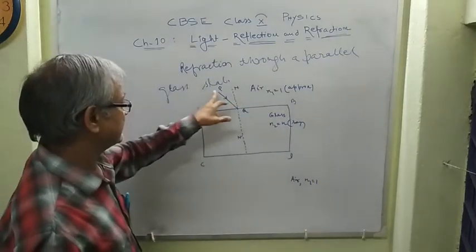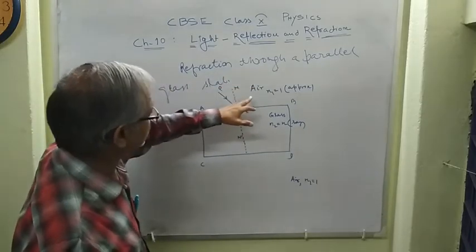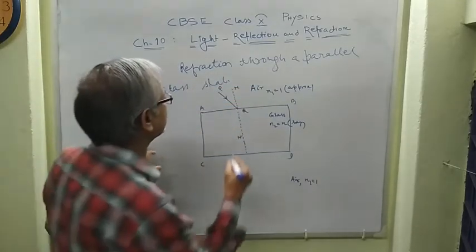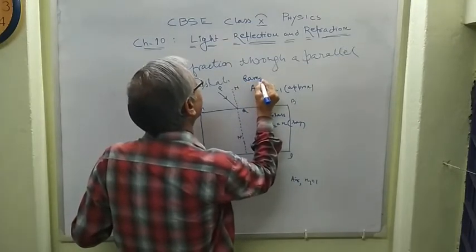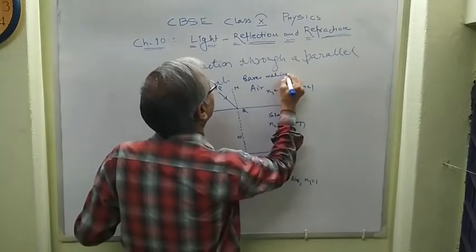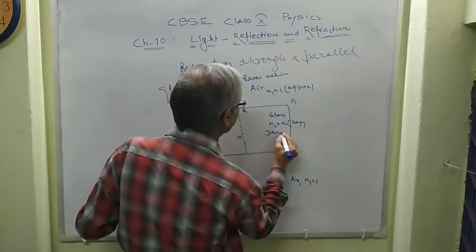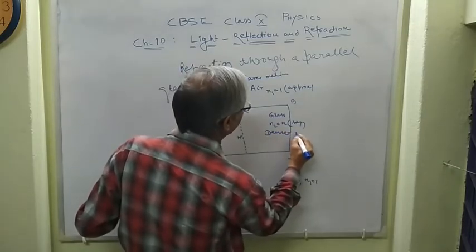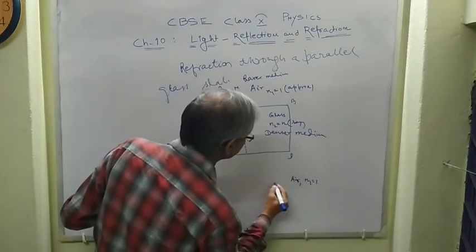Hence, light ray PQ is refracted from rarer medium to denser medium, and this is also rarer medium.